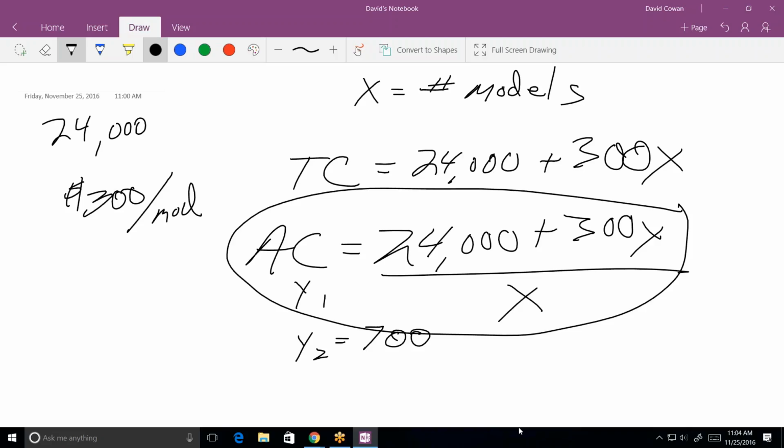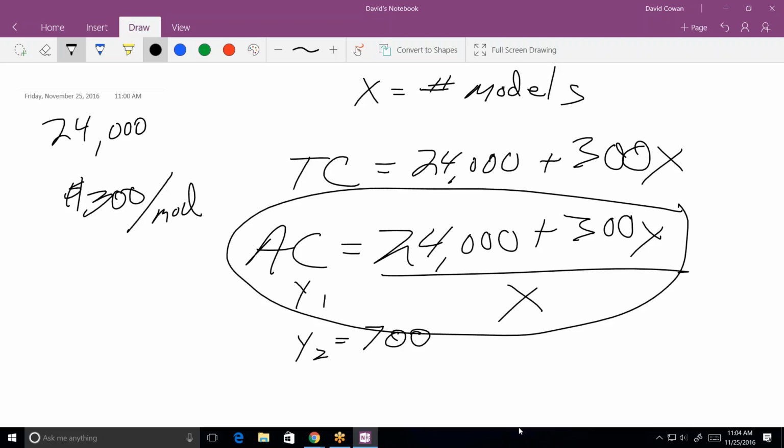That's going to take a lot of models, huh? Yes. Although there's only $300 per model, that initial cost for the printer is significant. So you're going to have to print a lot of models. I can do a rough approximation.